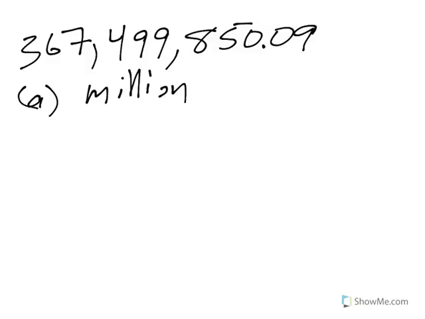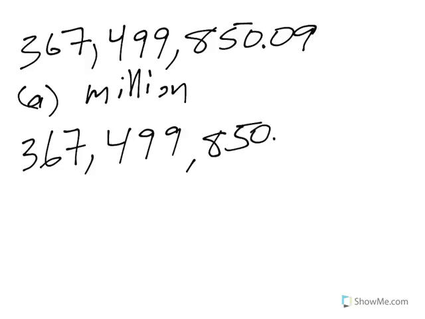So the millions place, when I write 367,499,850 and 9 hundredths, the millions place is right there. The digit 7 is in the millions place. So the traditional method for rounding, I look at that place value as well as the digit just to the right.